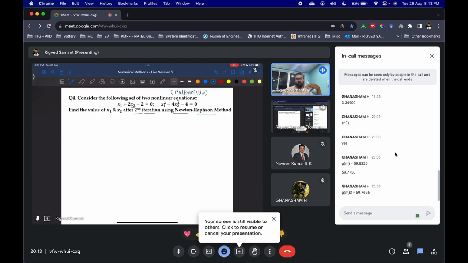So the Jacobian is the one way which gives the interdependency between each of the variables. Here there are only two variables, that is why your Jacobian would be a 2 by 2 matrix. When there are three variables, the Jacobian would be a 3 by 3 matrix, and so on. So for n variables and n equations, you will have an n by n Jacobian. Accordingly, the rest of the things are the same.